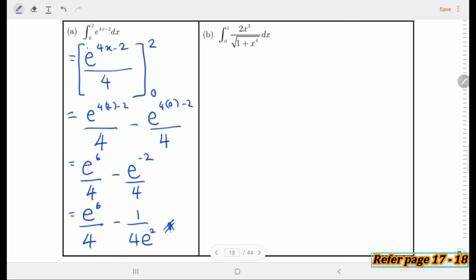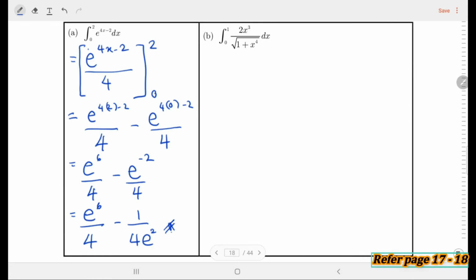For the next question, part B, we have 2x to the power of 3 divided by the square root of 1 plus x to the power of 4. I believe that all of you have learned about the methods of integration.